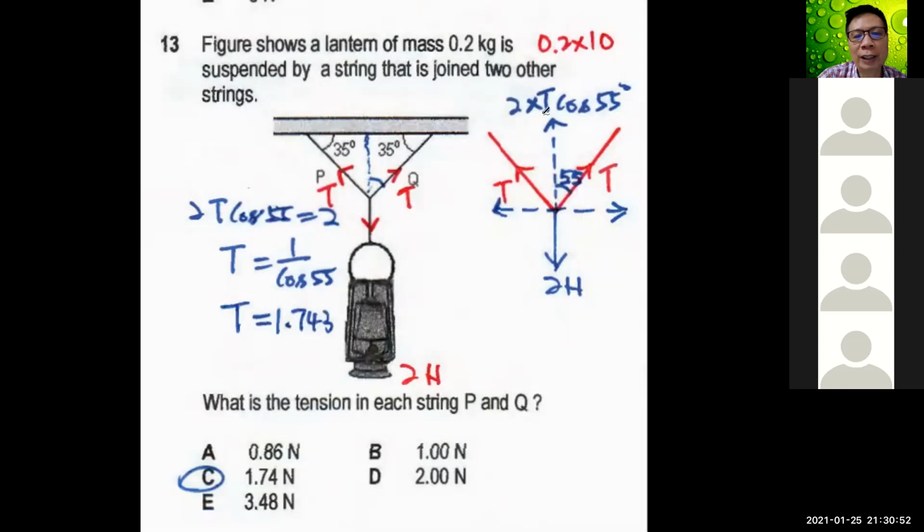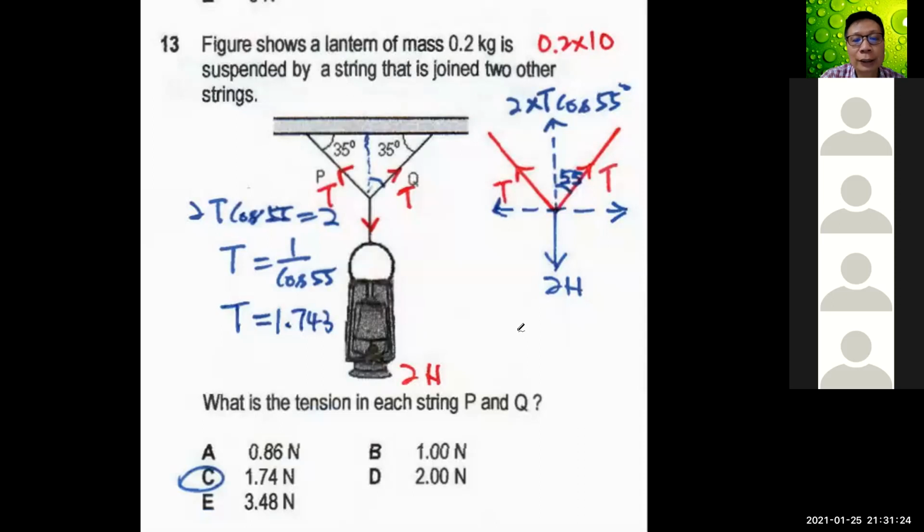This one you bring here is also T cos 55, this one is also T cos 55. So 2T cos 55, going up, is balanced by the 2 Newton. That's why 2T cos 55 equals 2. The 2 cancels, so bring this one over and divide. So you get this answer, 1.743.